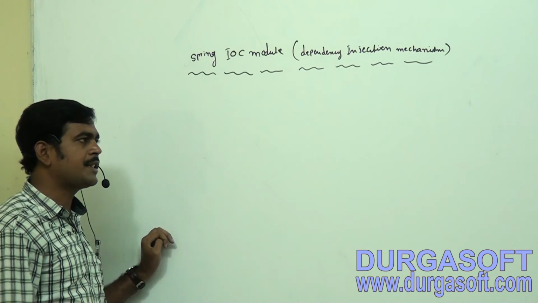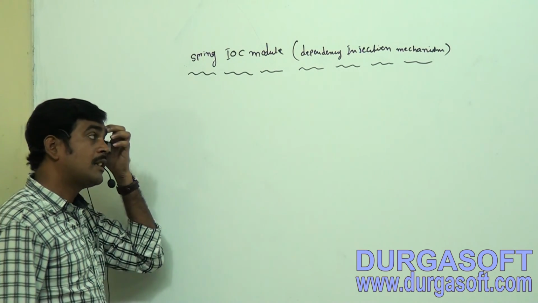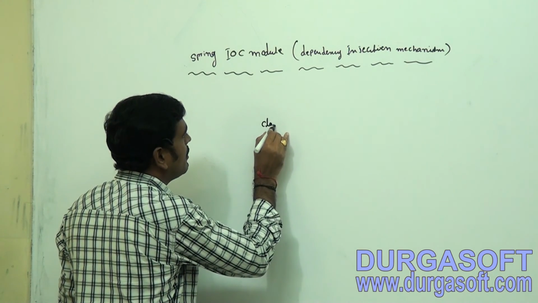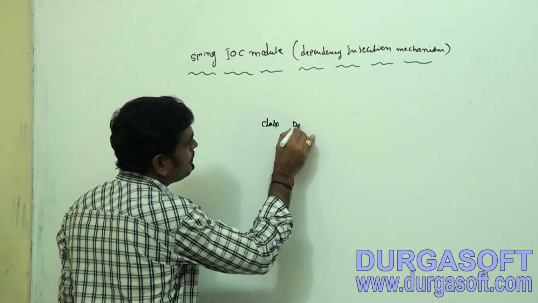Now we need to understand one small example, and then we will get more clarity. For example, here I am taking one class, Demo.